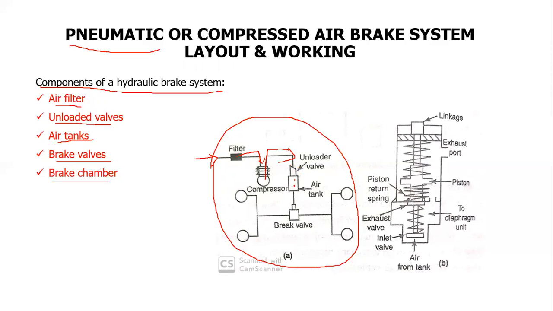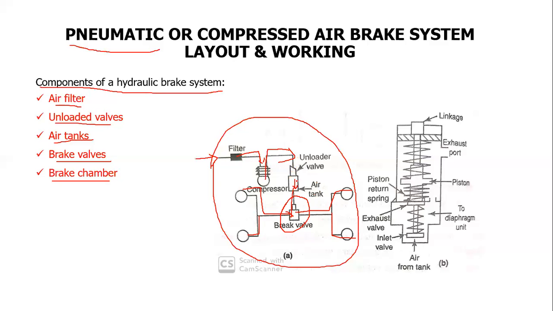Once the valve gets excess air pressure, it enters the brake valve. This acts like a modulator or a distributor. In this region, the pressurized air gets distributed to all the connected wheels in the automobile system. So this is how atmospheric air enters the compressor, gets pressurized, and then goes into the unloader valve.